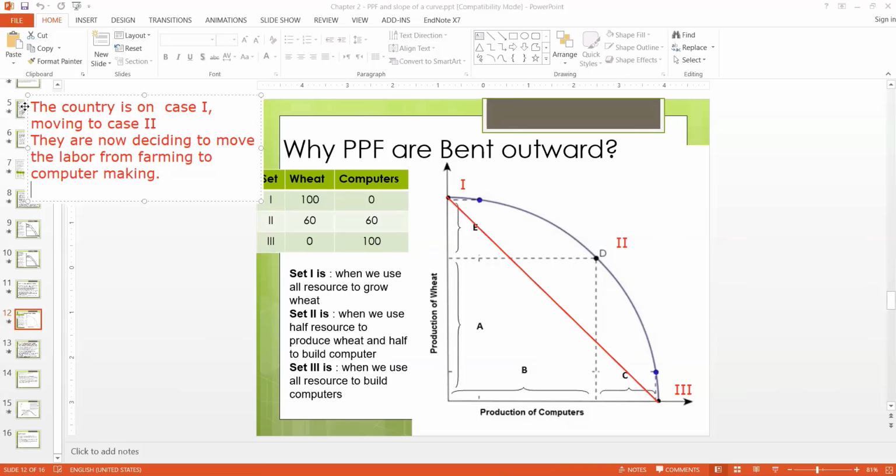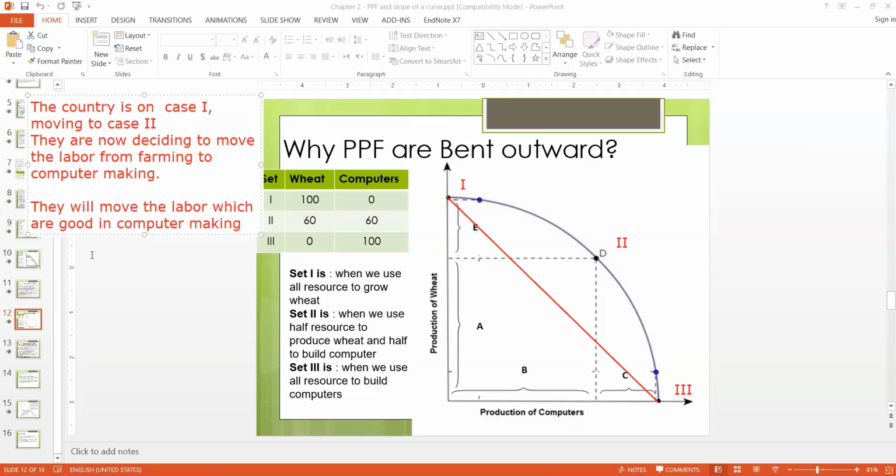So the idea is that they will move the labor which is good in computer making, which means they will move the computer engineers first.